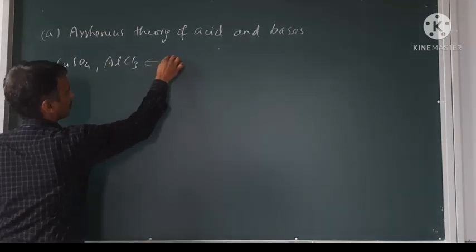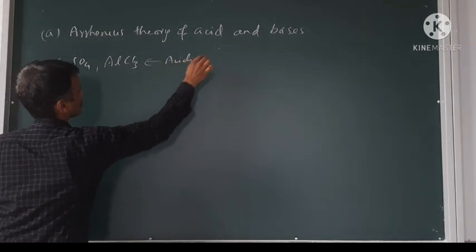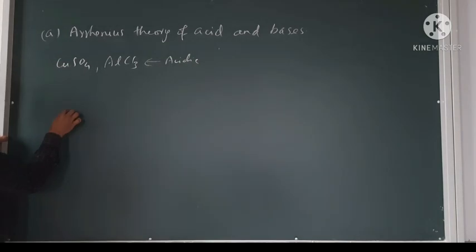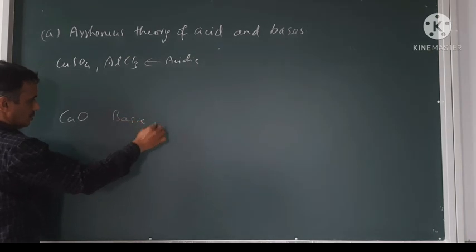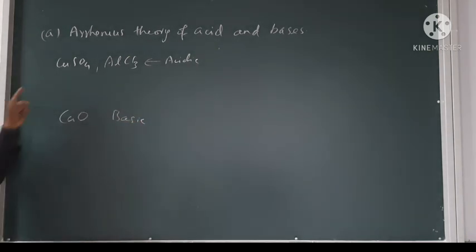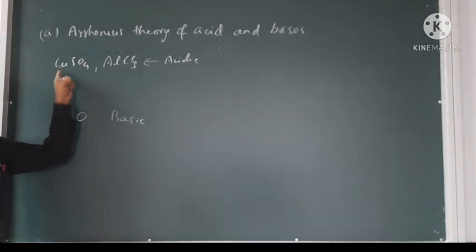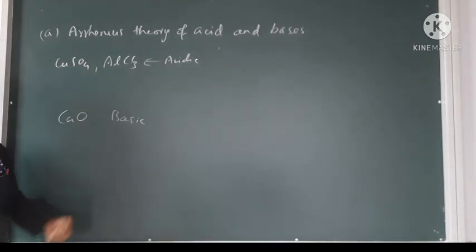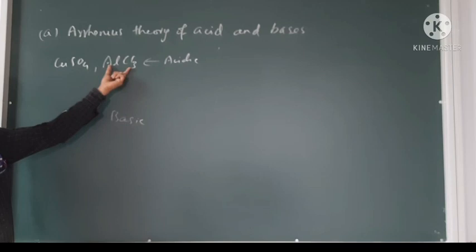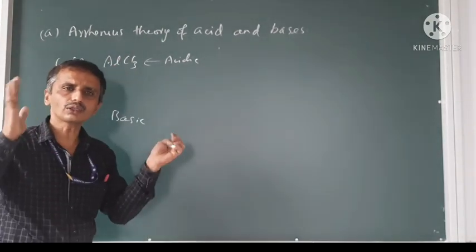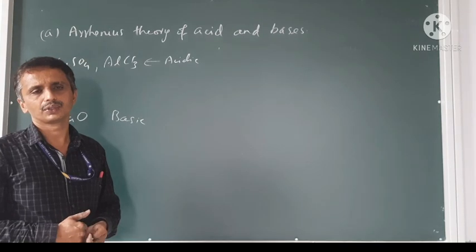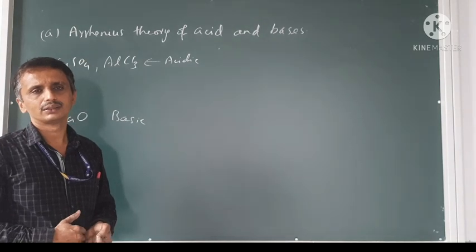These are all acidic only. Then CaO, basic. See, this cannot produce any H plus ion, still it's an acid. There are drawbacks in this Arrhenius theory.